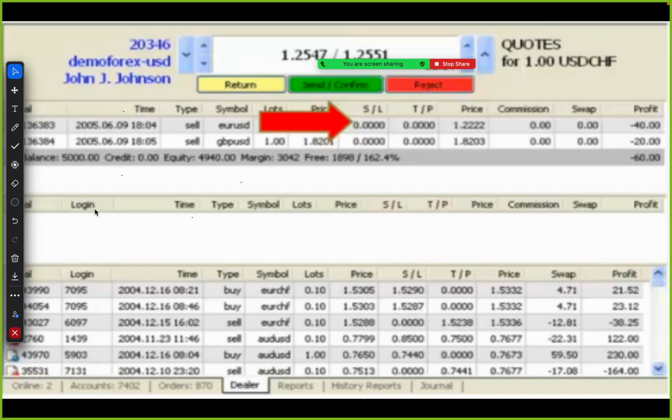Alright, so let me explain this stuff now. Can you see those three buttons? Return, send, confirm, reject.